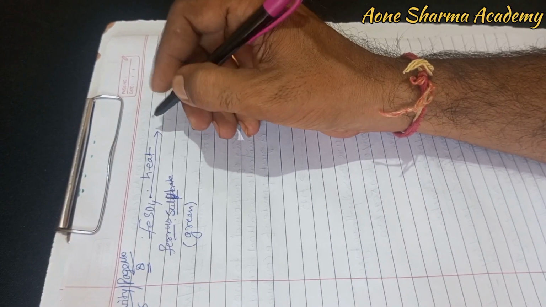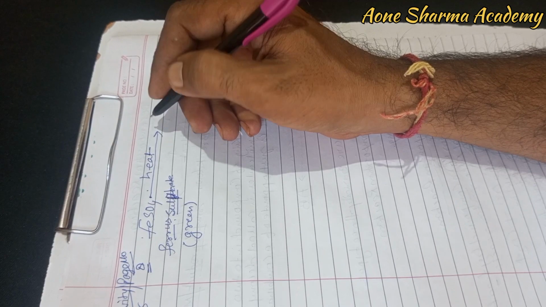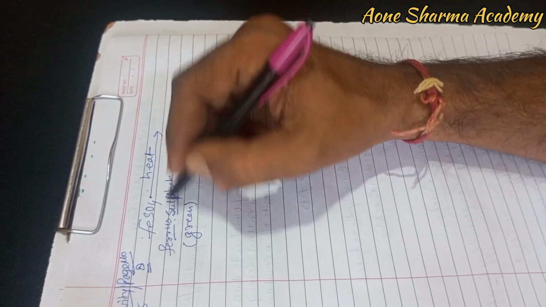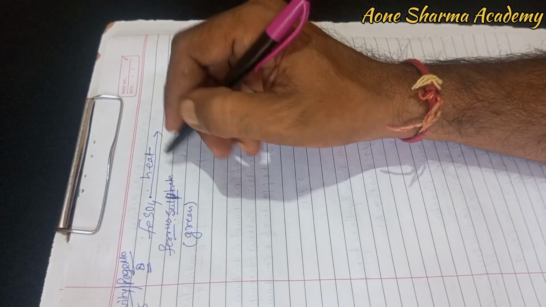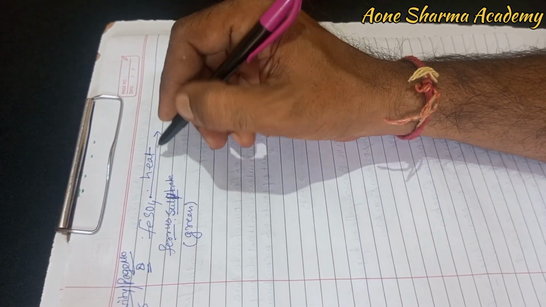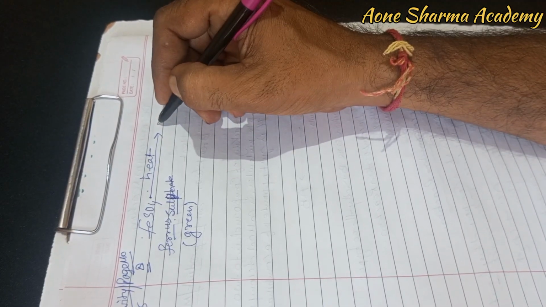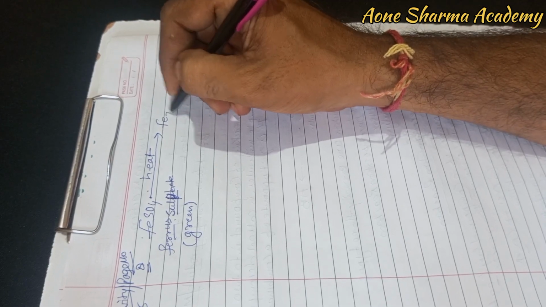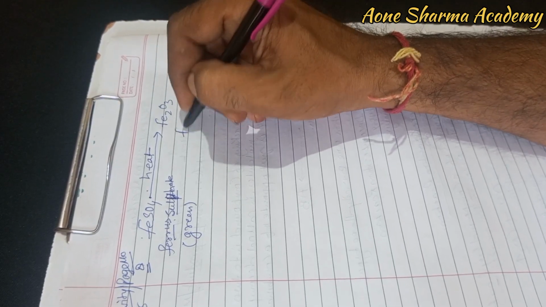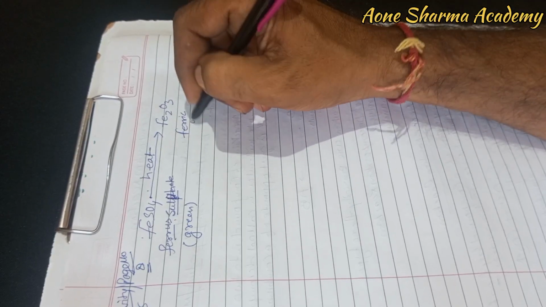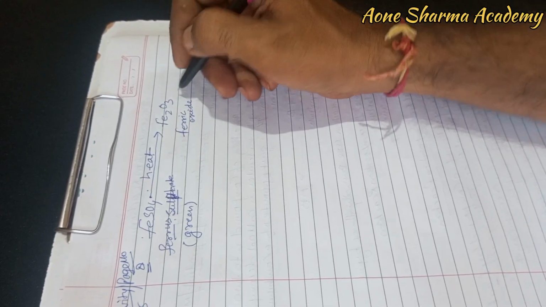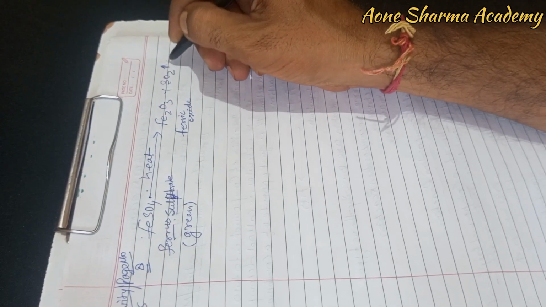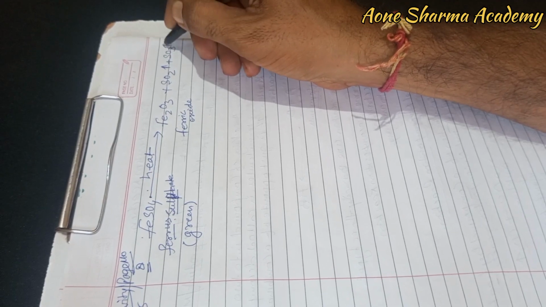After that we observe that ferrous sulfate, which is a crystal form and green in color, breaks down into simpler products: Fe2O3, ferric oxide, and sulfur dioxide gas and sulfur trioxide gas.